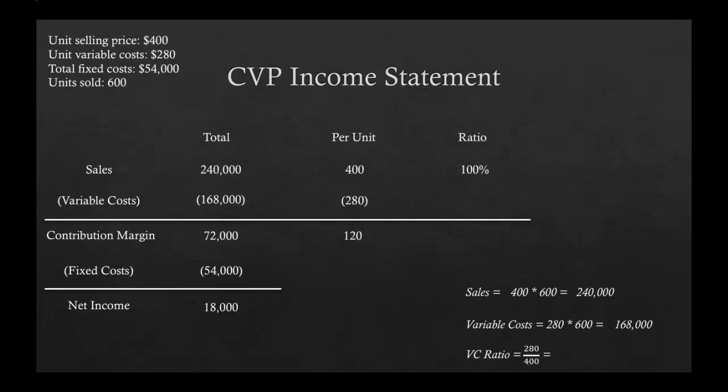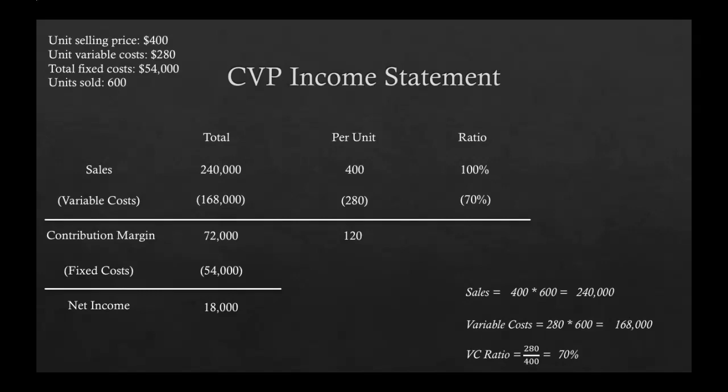For variable cost, we could take the 168,000 and divide it by the 240,000, or, as you see in the lower right, we can also take 280 and divide it by 400, right? Take our per unit amounts for variable cost and sales. So 280 divided by 400 gives you a ratio of 70%. So we'll toss that in for our variable cost ratio.